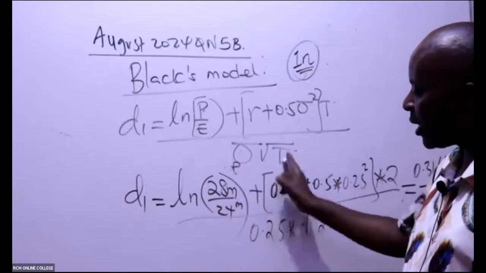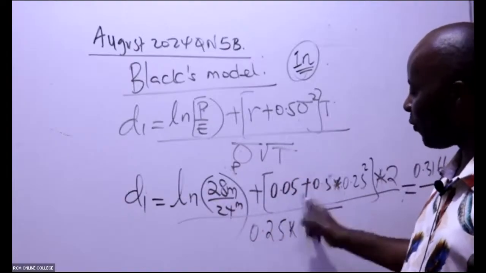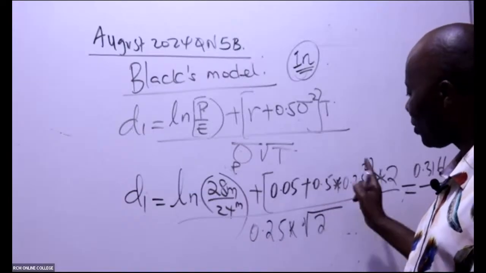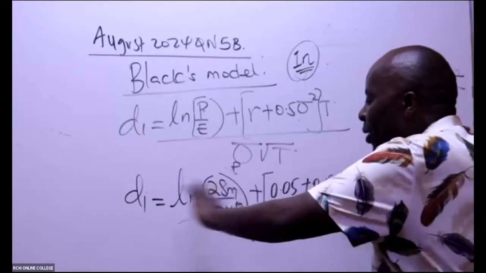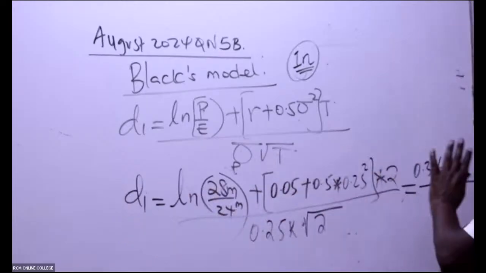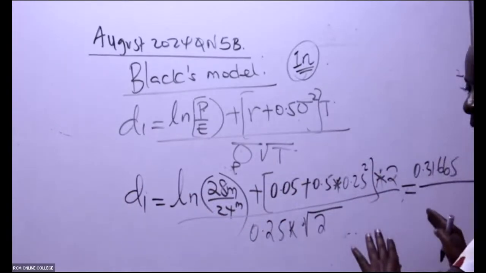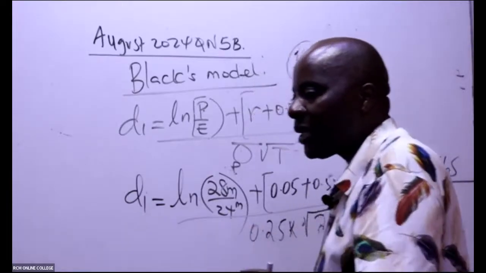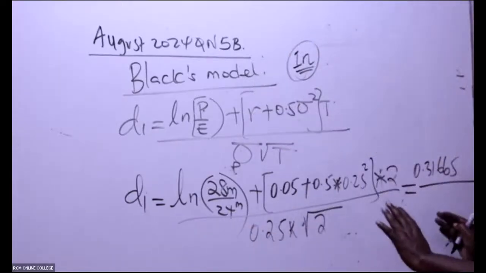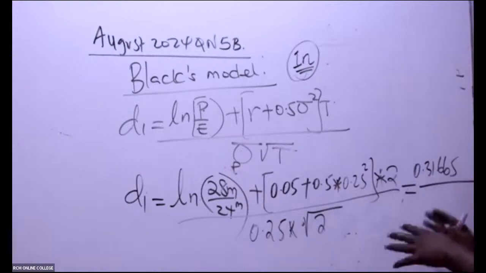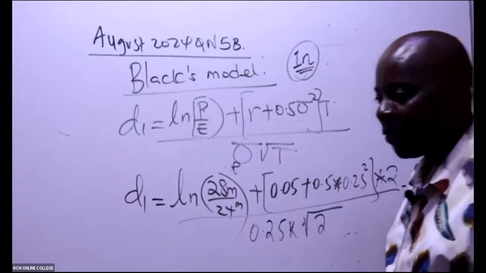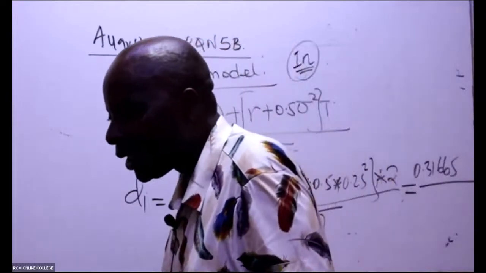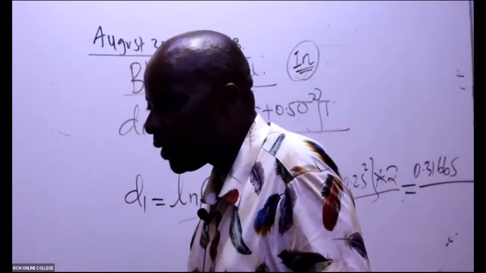Then you say plus, open brackets, 0.05 plus 0.5 times 0.25 squared, you close, times 2. Don't say equals anywhere in between. You can only say equals at the end of the day. So you're getting that 0.31665. How about the denominator? Are you able to give me the denominator value? 0.25 times root 2. What are we able to get there? 0.35355.